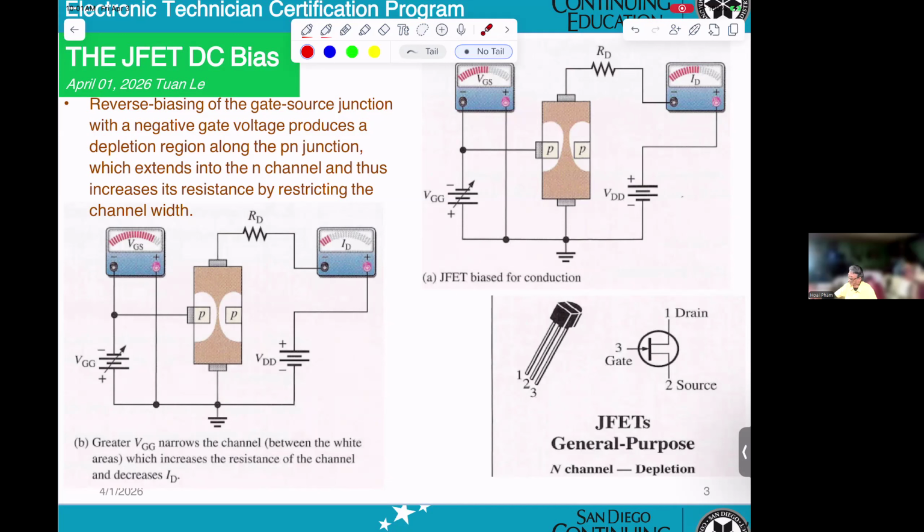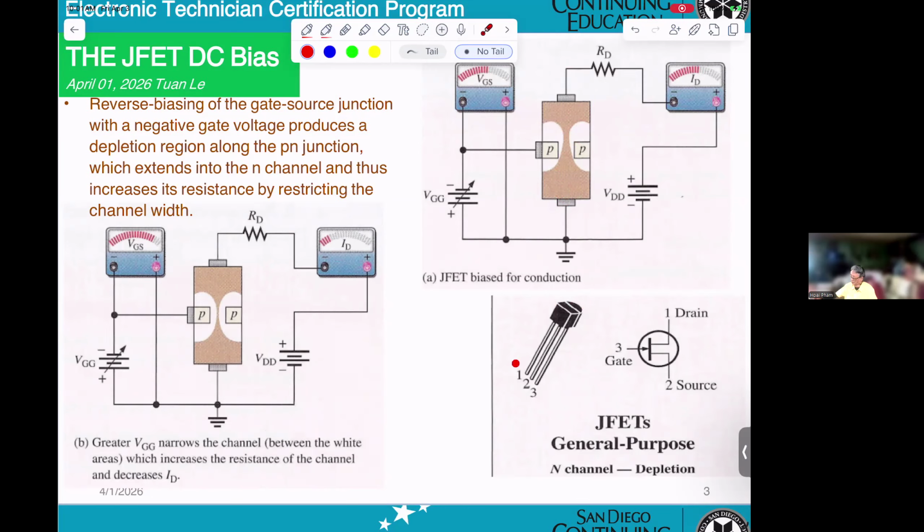From the drain to the source, this is the channel for the electrons moving. If the channel is wider, more current flows.